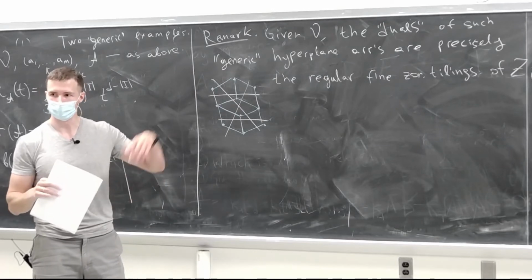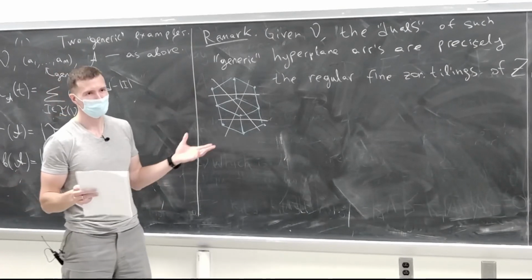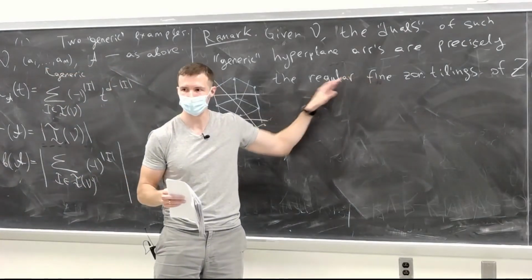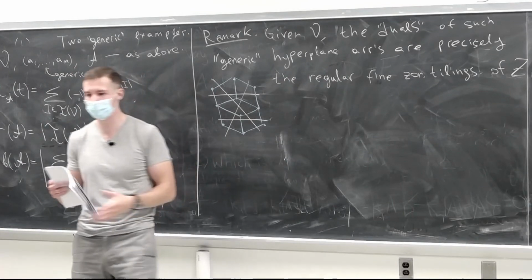Yeah, so I take A's to be all possible generic, or maybe even non-generic for that matter. You just get non-fine. You should just get all regular zonotopal tilings, which are not fine.